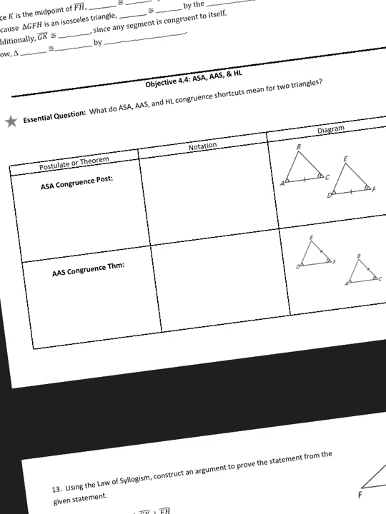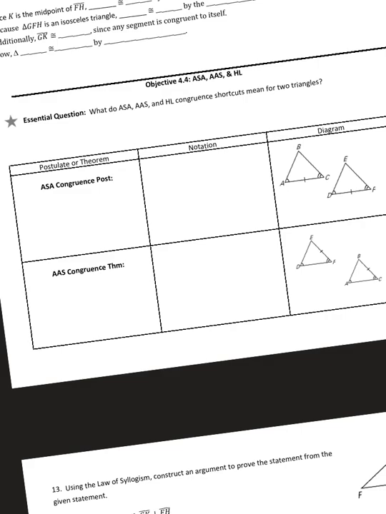Okay, now remember that before we had shortcuts, in order to prove two triangles congruent, we had to have all corresponding angles congruent and all corresponding sides congruent. So that's 6 parts.